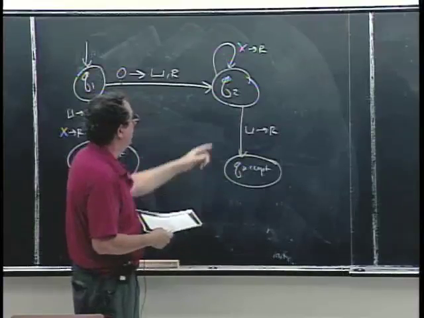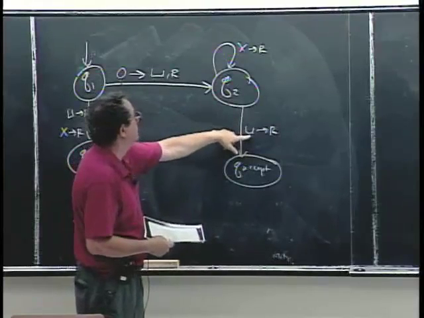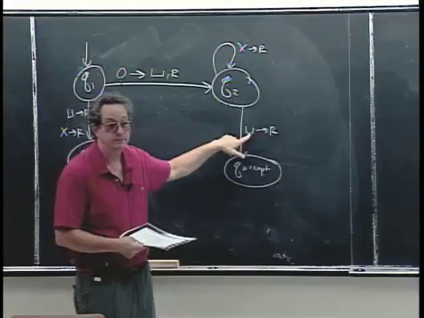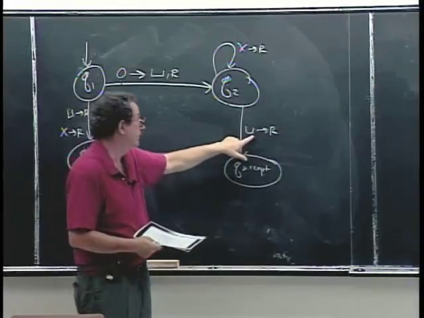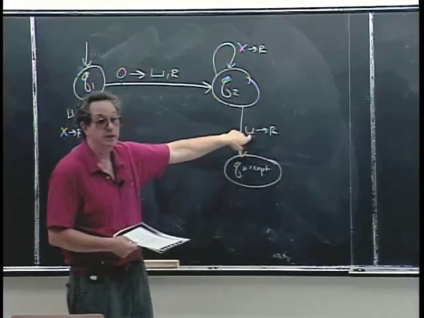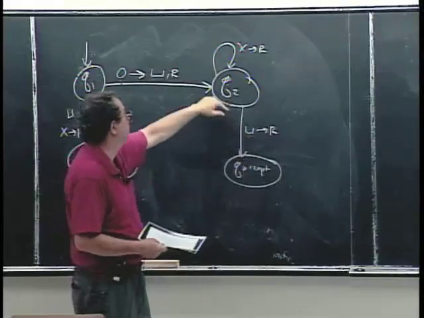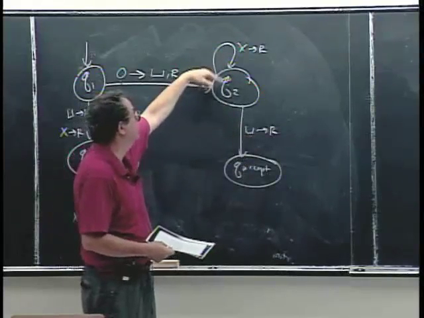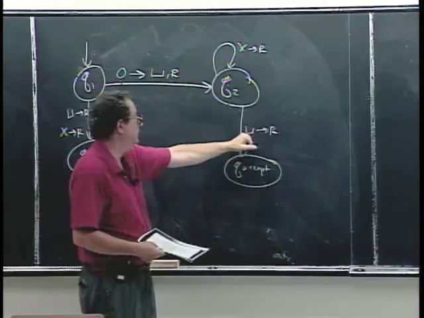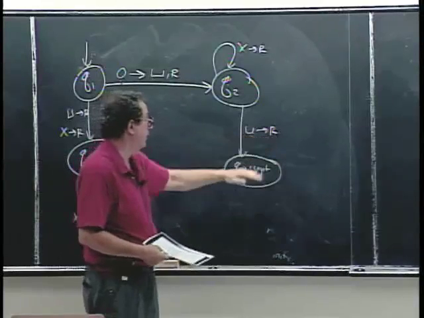And then here, you're seeing the right end of the tape because you've hit the blank. So if you're zipping through the X's and then you finally hit a blank, you're going to go right and accept.